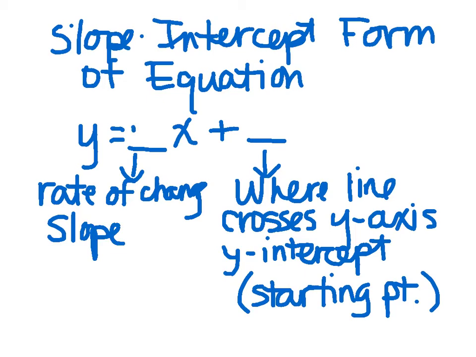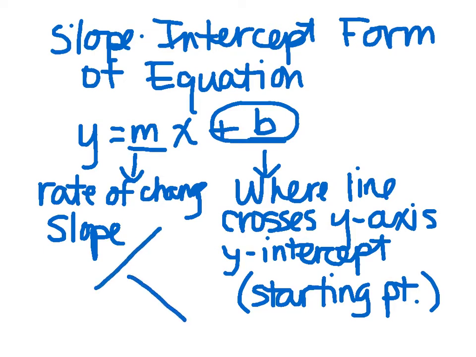In all textbooks, they use the letters M and B. This one is pretty clear where it crosses the y-axis, and remember, it has to be that. What we found out about slope is the bigger the number that it's getting multiplied by, the steeper, and the smaller, the less steep, as well as positive slope looks like that, negative slope looks like that.